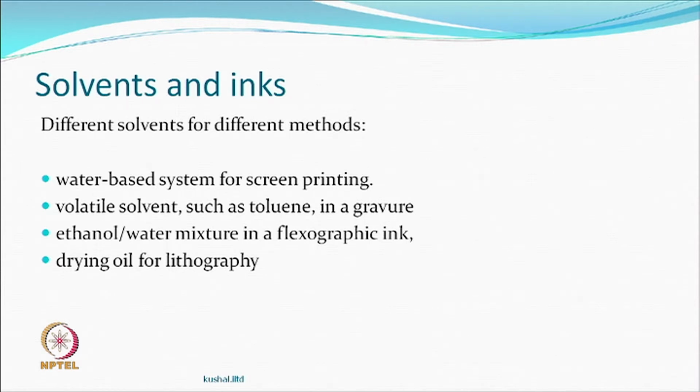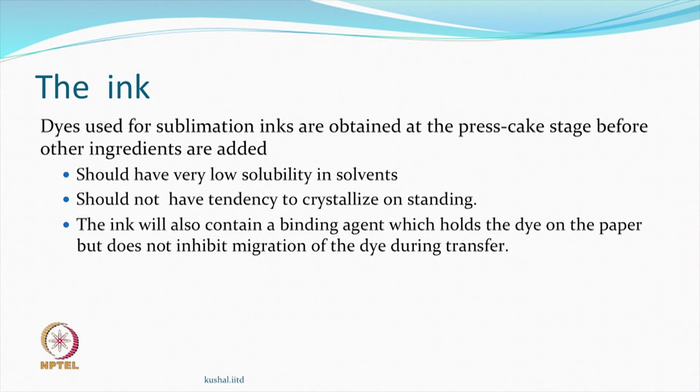You are dealing with hydrophilic, hydrophobic principles in this type of printing methodology, and therefore, you would like to use an oil which dries, and obviously, it is only oil because it does not like water. That is the principle of the technology.